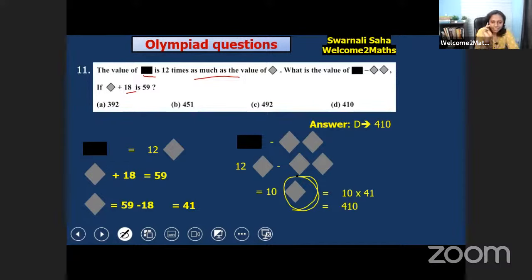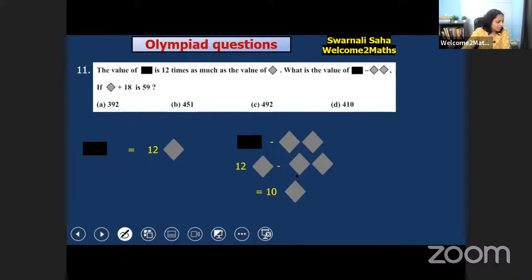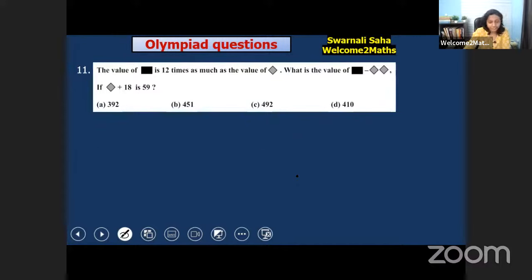So just watch carefully. Okay, for you once again I will explain all the things, all the details. Watch carefully. First, read the question. Whenever you get this type of question, it's very important. Here you can see it is written in the question that the value of one rectangle is 12 times as much as the value of a diamond.